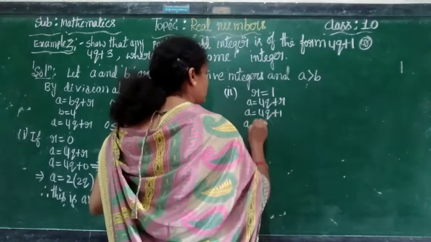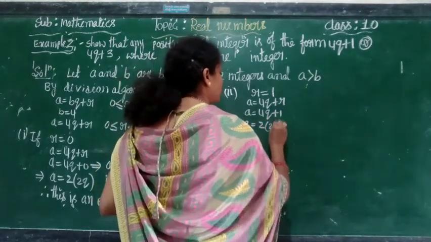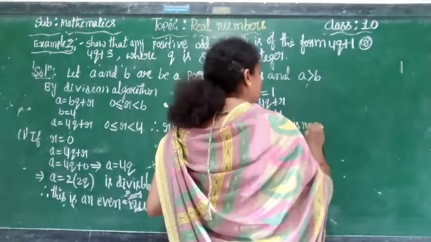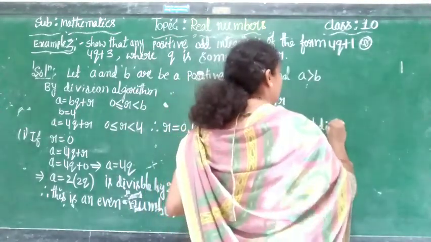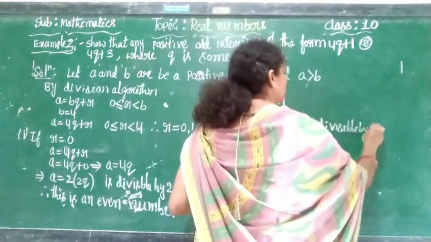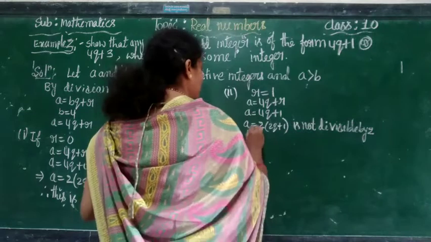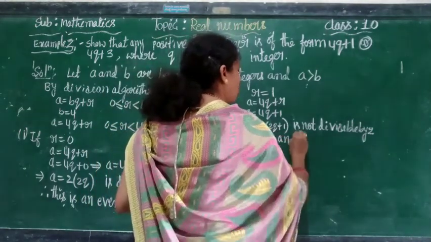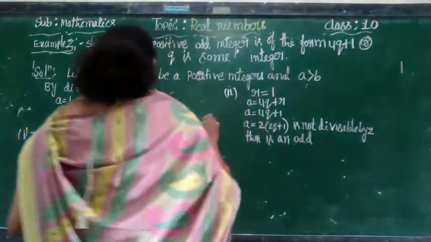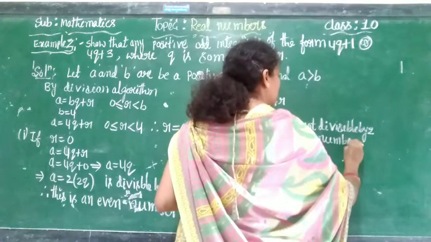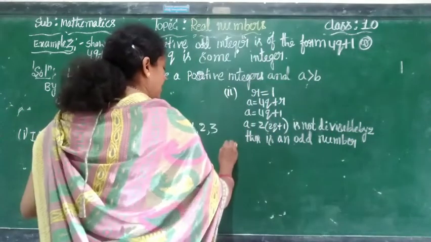So a is equal to 2 into 2q plus 1, which is not divisible by 2. So this is an odd number. This is an odd number.